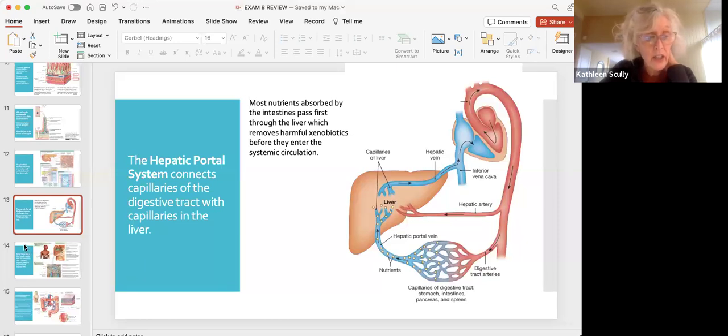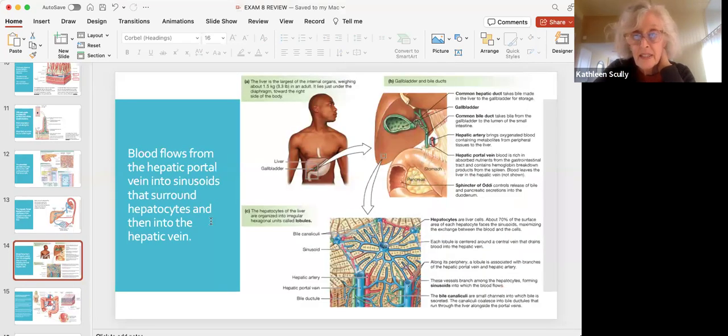So if we look closely at the organization of this situation, the capillary beds and the hepatocytes, it's best to look maybe at this lower panel, where we see the hepatic portal vein, this rather thick vertical blue vein.